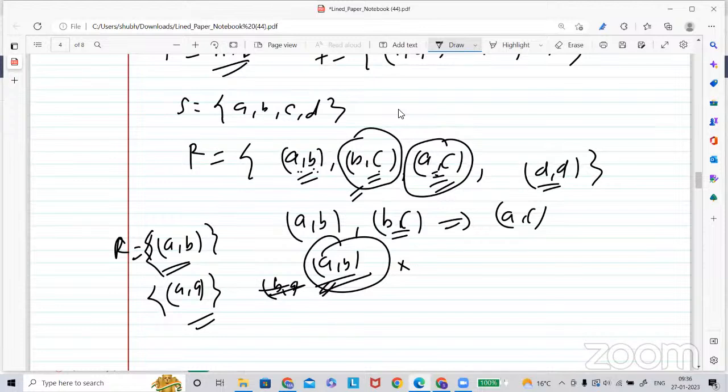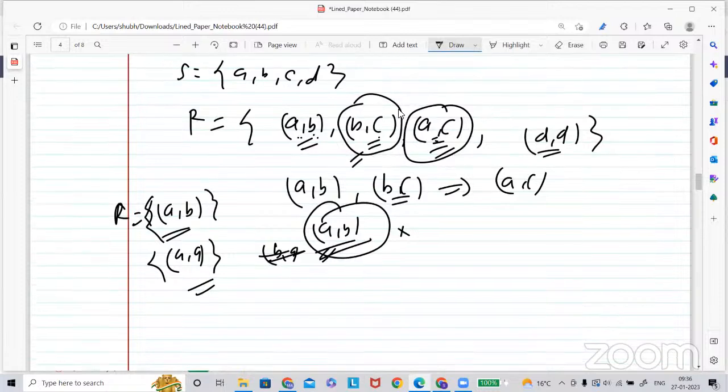So sir, for a symmetric relation, let's say there is A comma B and B comma A, and there are other objects that are not following the rule of symmetry, like B comma C. Then can I still call that a symmetric relation? No. If AB is there and BA is there, it is symmetric.